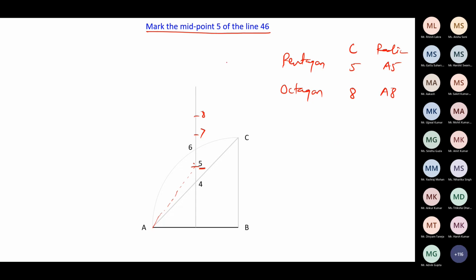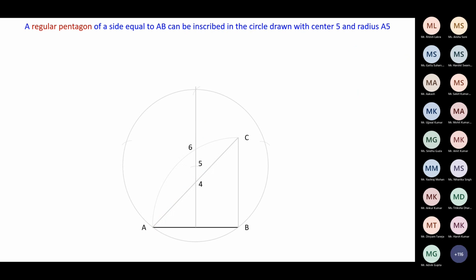Now let us discuss the construction of the pentagon. With the center 5 and radius a5, we draw the circle so that we can inscribe the pentagon here.